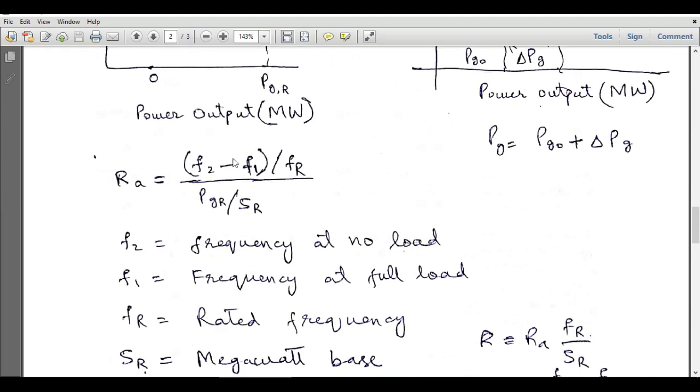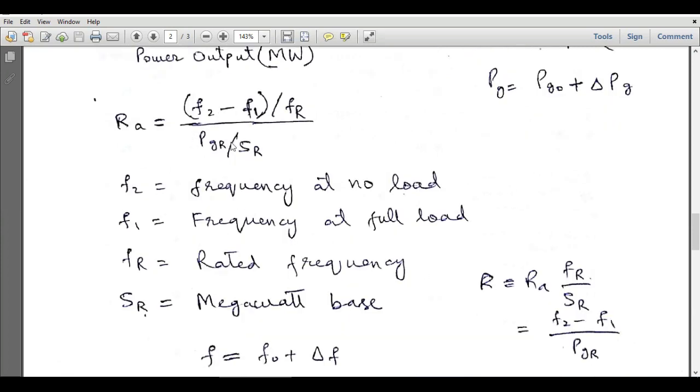So F2 minus F1 divided by PGR is equal to capital R, and from this equation, we can say that this capital R is equal to RA multiplied by FR divided by SR. So after rearranging this equation and substituting F2 minus F1 divided by PGR equal to capital R, we can get this equation. So R is equal to RA multiplied by FR over SR.